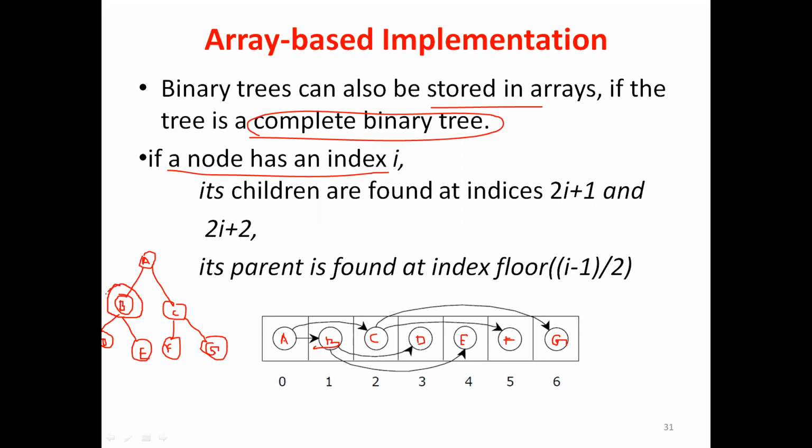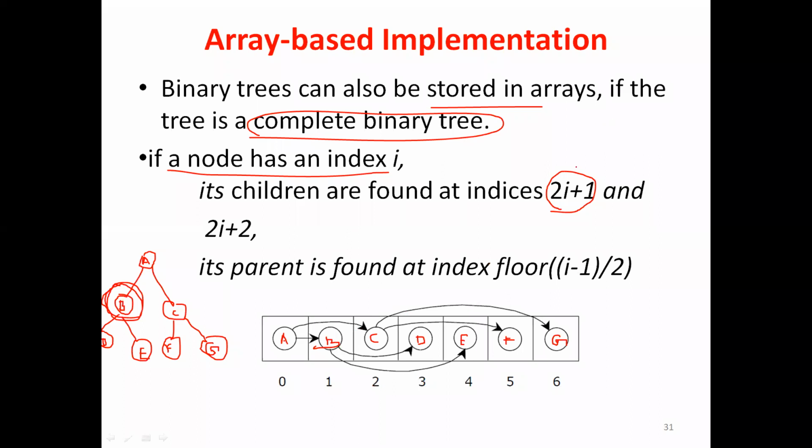I know the index of B, so I can find the children of B. Who are the children of B? D and E. The formula is 2I plus 1, where I represents the index. What is the index of B? 1.